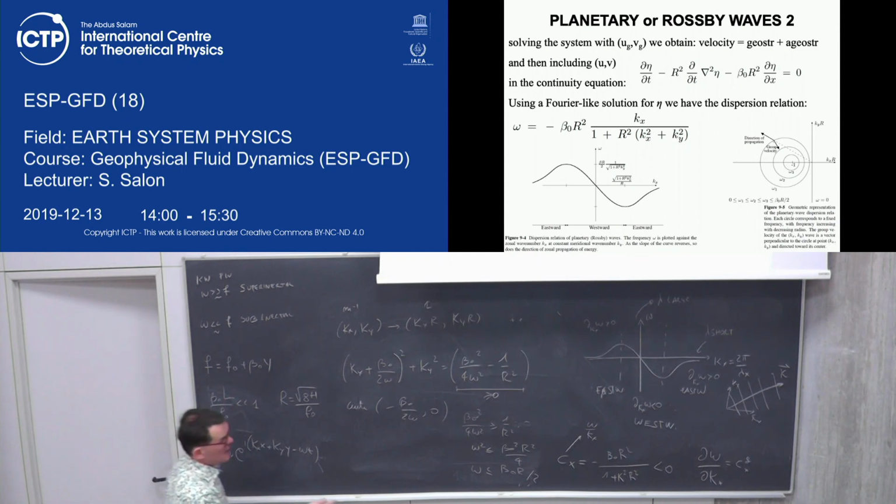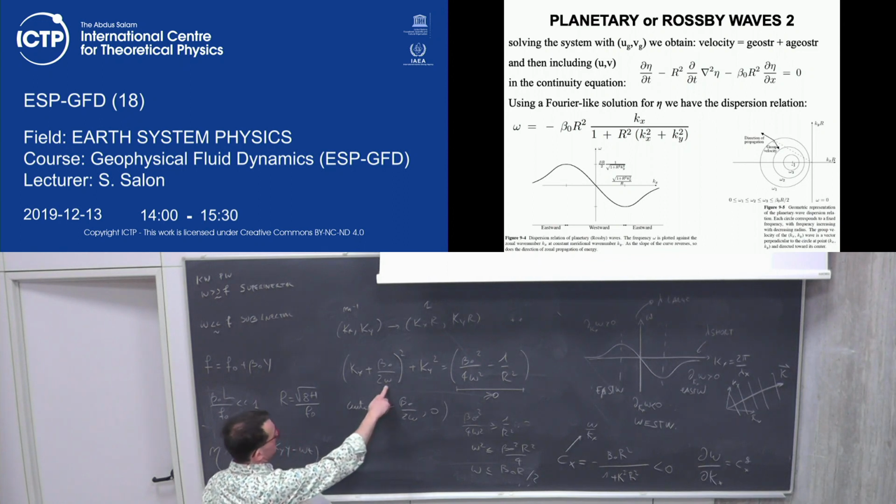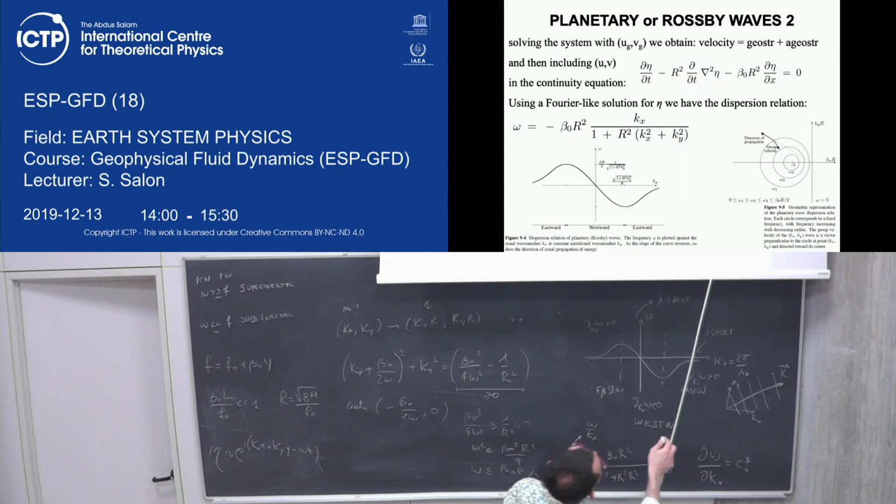But in any case, we have a maximum value, and when we have this value for omega, this term will be equal to 1, which corresponds to the maximum value of omega.